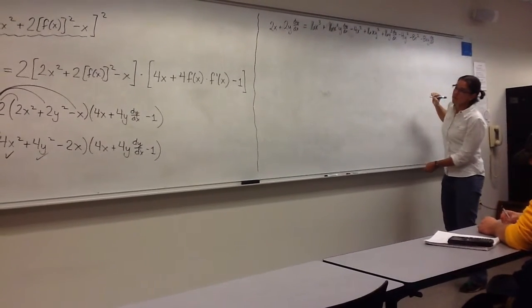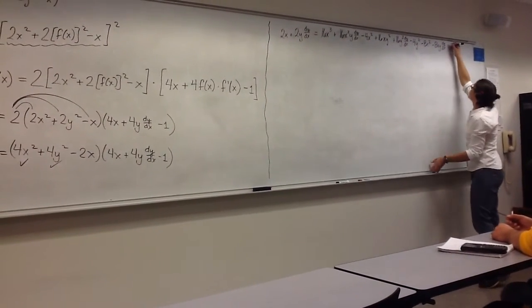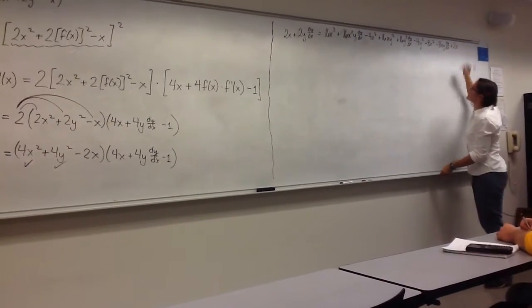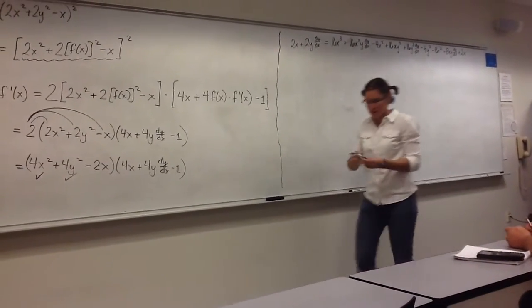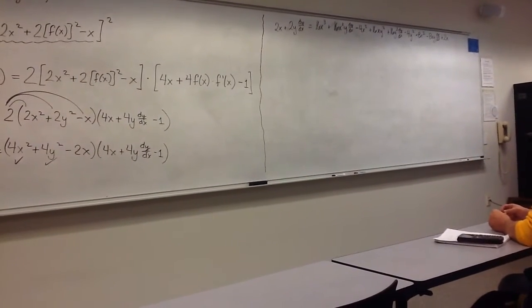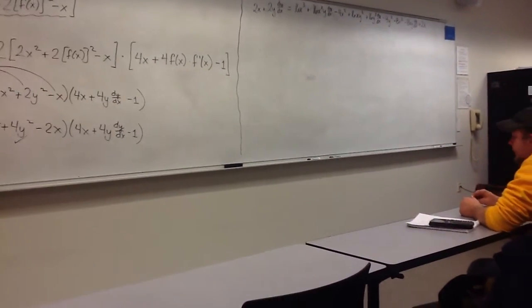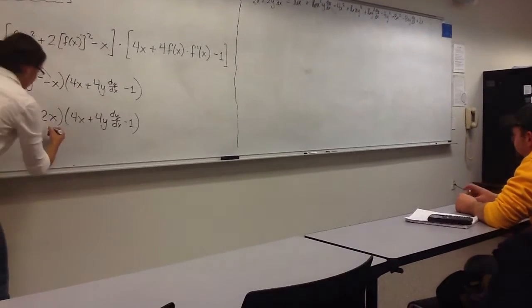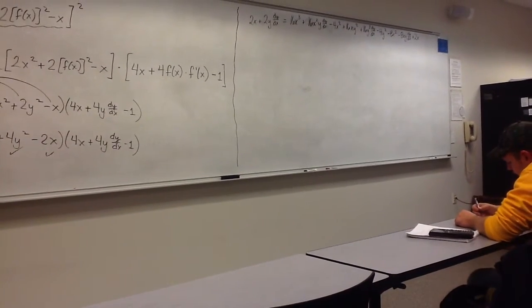And then plus 2x. Whew. All right. So we've now written out that entire right side. Are there any questions about what we've done so far?